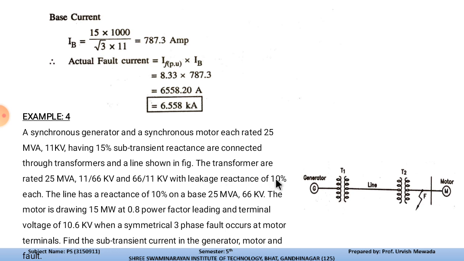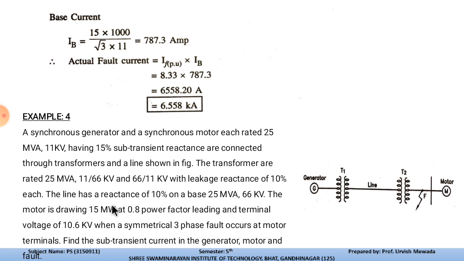The transformers are rated 25 MVA, 11 by 66 kV. This is the step up transformer, stepping up 11 kV to 66 kV, and then 66 kV to 11 kV stepping down. Both transformers have a leakage reactance of 10%.